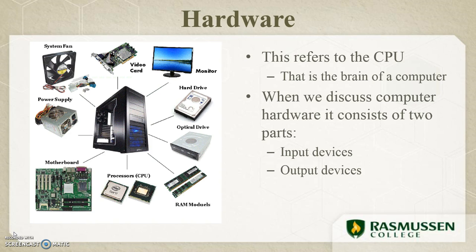Some examples of input devices for the hardware are keyboards, mouses, touchscreens, microphones, scanners, and cameras. The best way to think about this is input devices are anything that you put into the computer, okay? Whereas output devices are the things that give us information, such as the monitors or the printers.